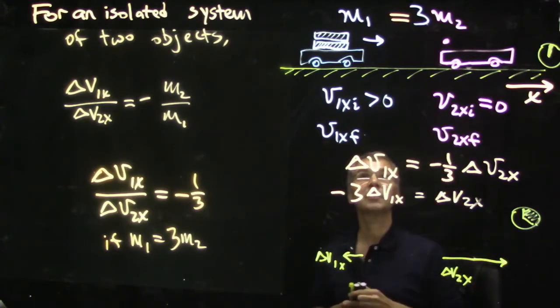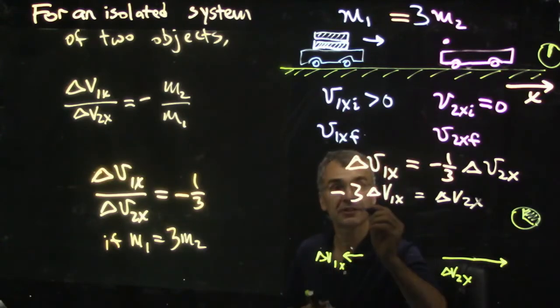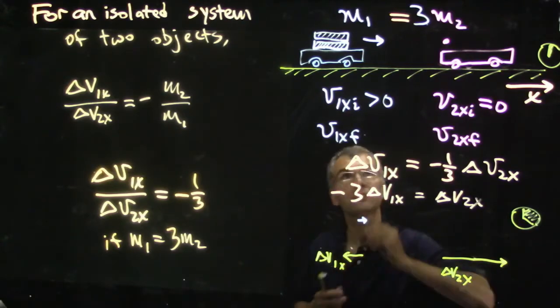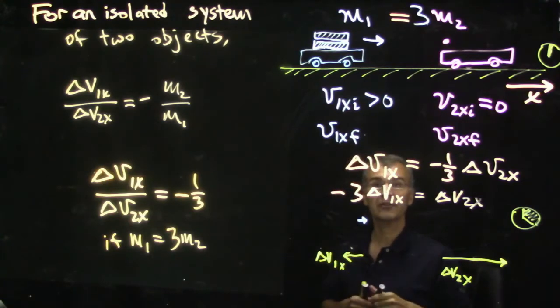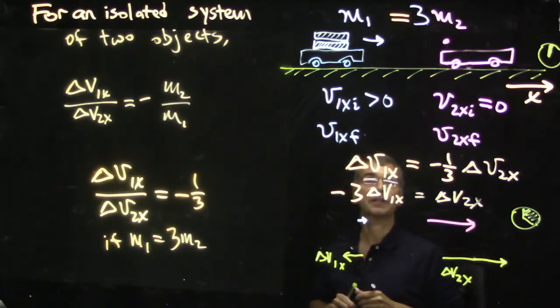So I think what we're going to see is after the collision, cart 1 will be moving forward, but less quickly, and cart 2 will be moving forward very quickly.